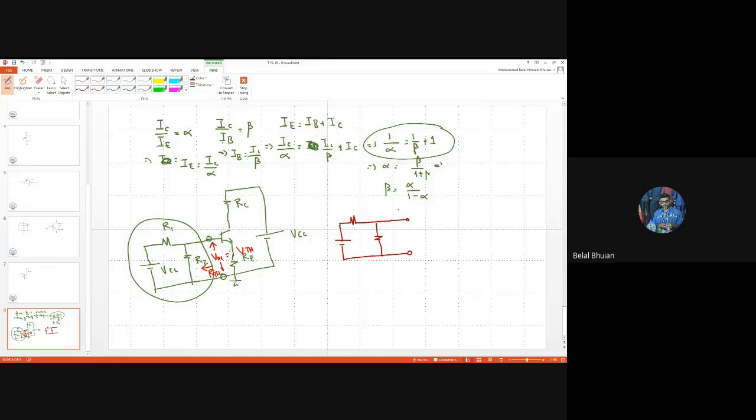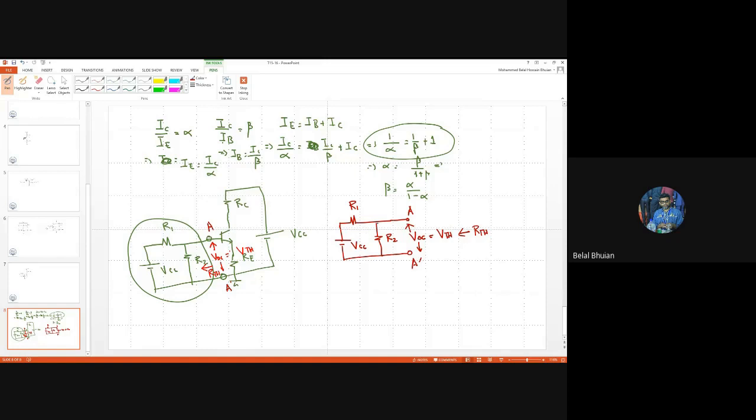Let's say this is the disconnected point, A prime. This is R1, this is R2, and this is VCC. So I want to determine the Thevenin's equivalent circuit for this part, and for that we need to determine two things: the open circuit voltage VOC, which is our VTH, and then RTH, the resistance looking back.